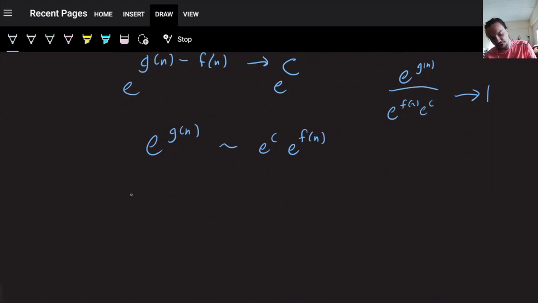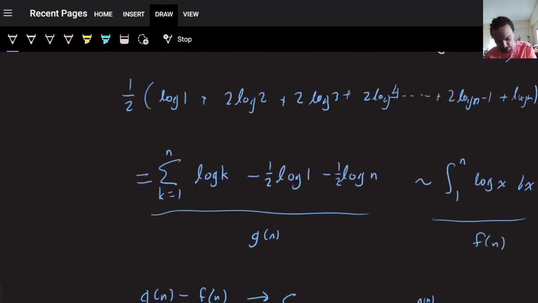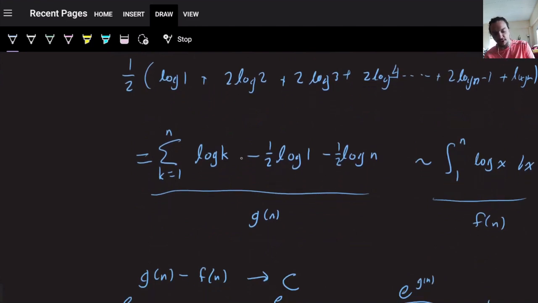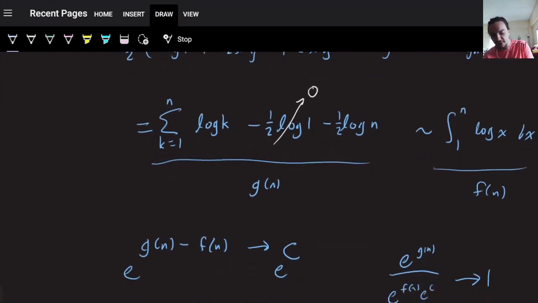So I take the exponent of both sides, and I get e to the sum of log k minus 1/2 log 1 minus 1/2 log n. Here I should use the fact that log 1 is just equal to 0, so I can get rid of that. And then I have minus 1/2 log n.